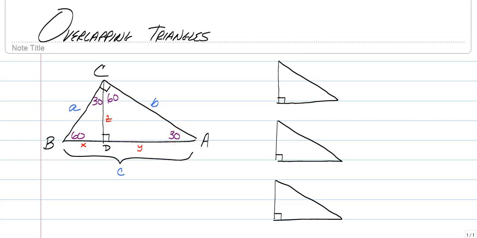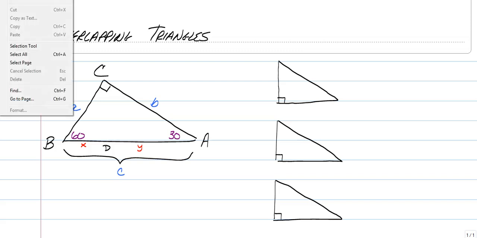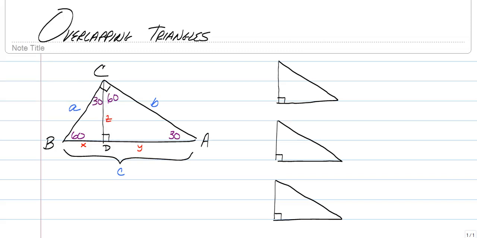Now, what if we were to get rid of that altitude? If we were to make that go away, we still have a 30, 60, 90 right triangle. Okay? So that's how you look at all of them. Now I'm going to make those angles go away, and I'm going to come up with something that might help you a little bit.